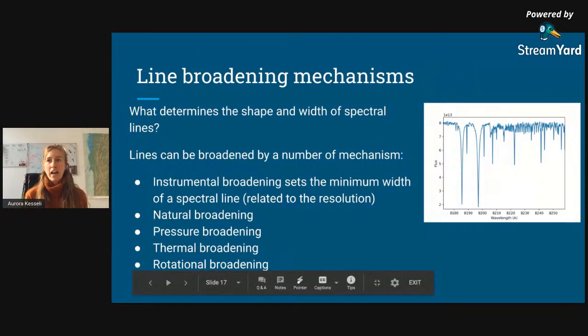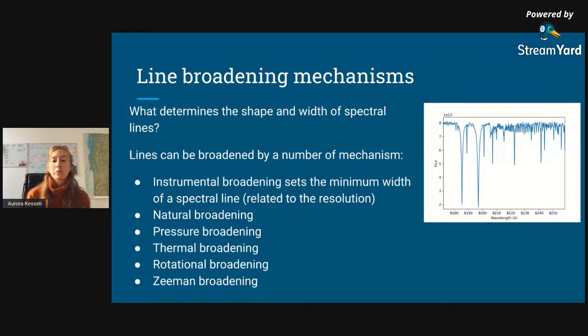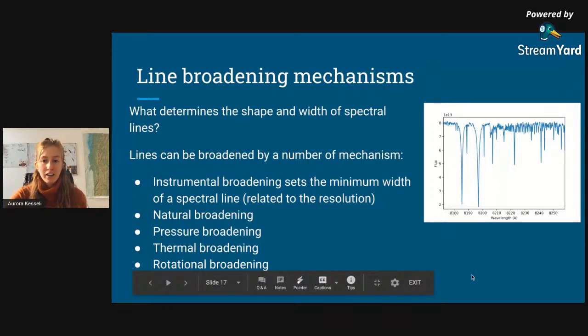Okay, great. So now we've gone through what spectra of stars look like, what spectra of brown dwarfs look like, why you get absorption lines, and what types of atoms and molecules you expect to have absorption lines. Next we'll talk about what sets the shape of these absorption lines. In this figure that I've been showing a lot, you can see a very different shape between the sodium doublet here and the absorption from a different atom here.